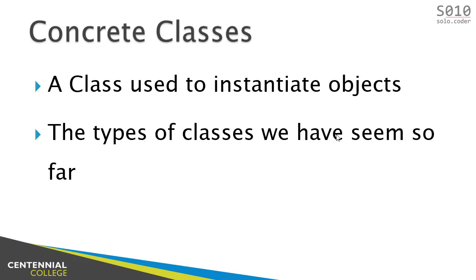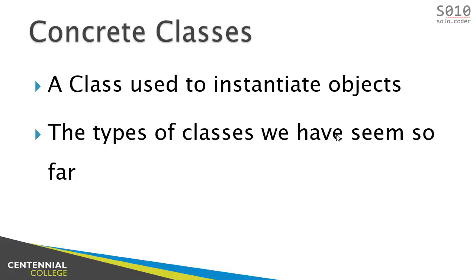And from a concrete class we can also inherit. A concrete class has nothing to do with inheritance. It is just a class that we can instantiate. No parent, no child. Every single class you use is a child, at least of Object. So a concrete class is a class you can declare an object of and instantiate.